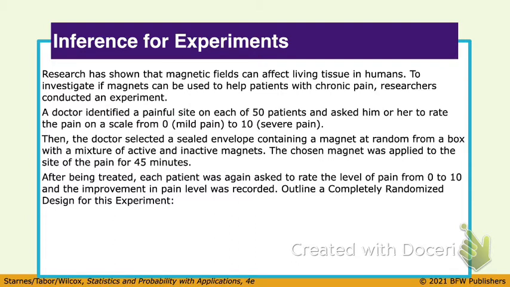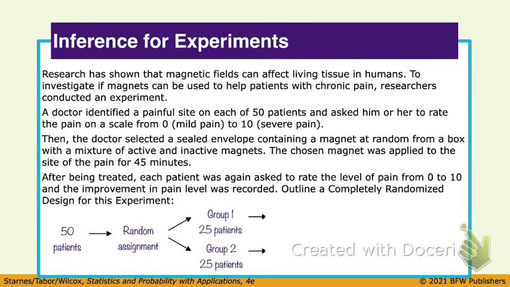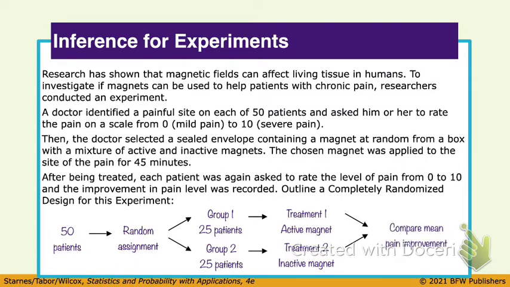Okay, perfect. And then once we randomly assign them, 25 of them are getting the active magnet, 25 of them are getting the inactive magnet, and we're going to check their pain tolerance. So we have 25 patients getting active, 25 getting inactive, and we're comparing their pain improvement.